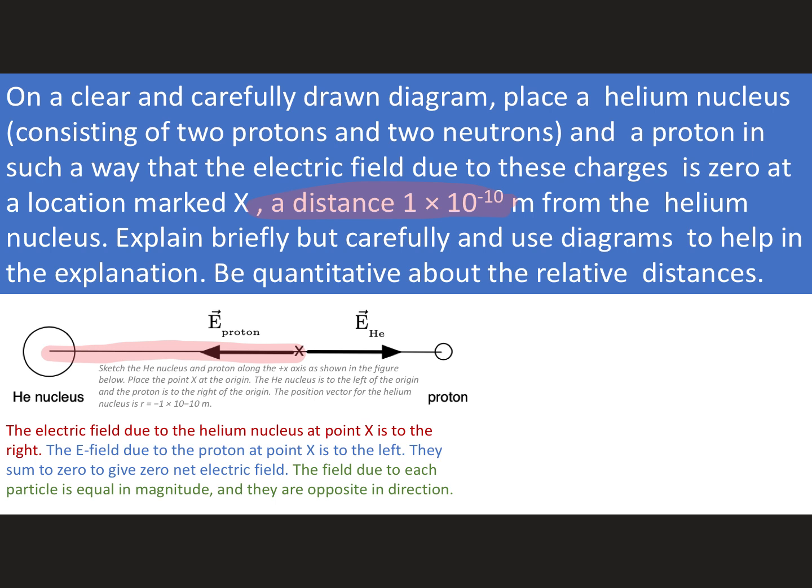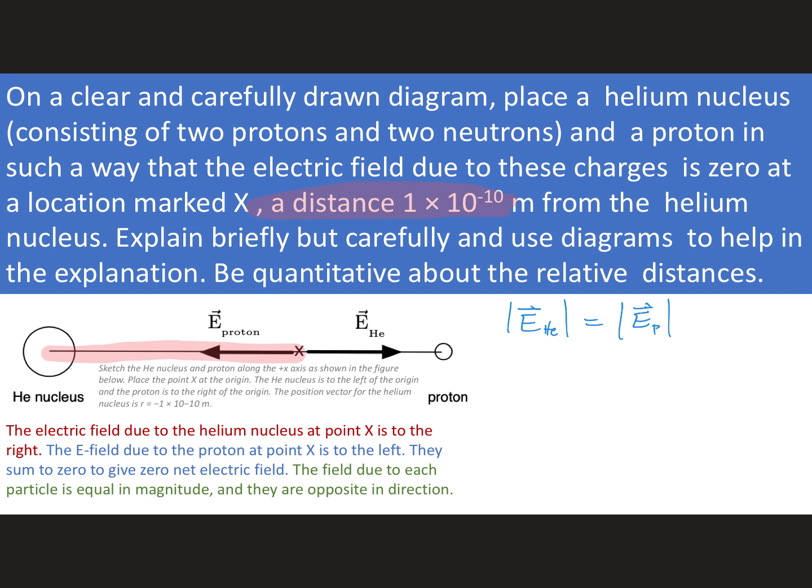Now let's do some math here. So we're looking at the magnitude of the helium field equaling the magnitude of the proton's field. That's what the diagram is saying. That's what the question is addressing.